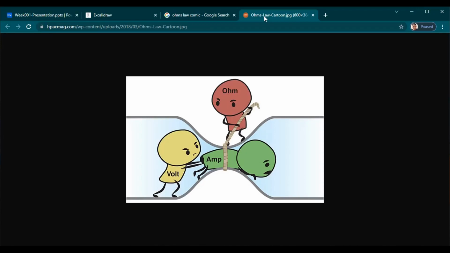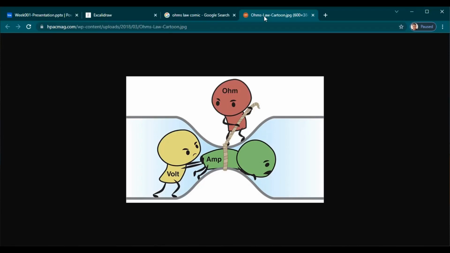We have current, which is in amperes. That is the rate of charge flowing through the circuit. The volts, or the voltage, is also known as electromotive force. Since it is a force, it is the one giving the pushing or pulling or whatever motion is needed. In the case of electricity, it is the one pushing the current.